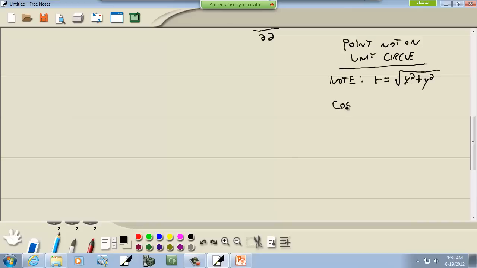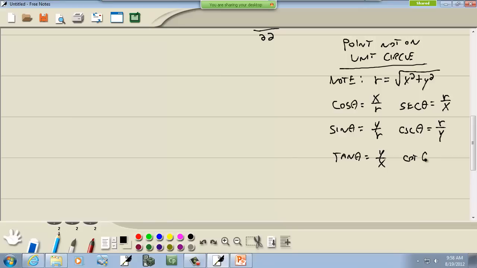And we have cosine is equal to x over r. Sine is equal to y over r. Tangent is equal to y over x. Secant is equal to r over x. Cosecant is equal to r over y. And cotangent is equal to x over y.